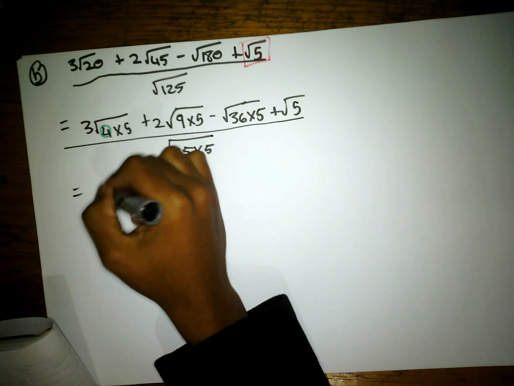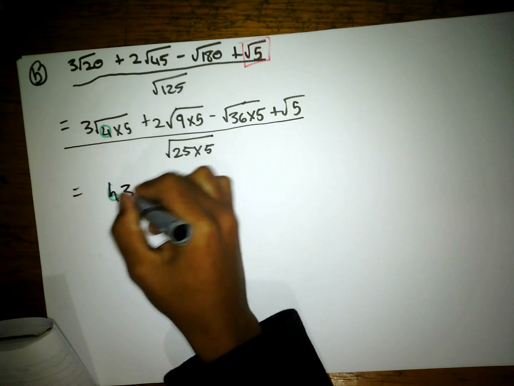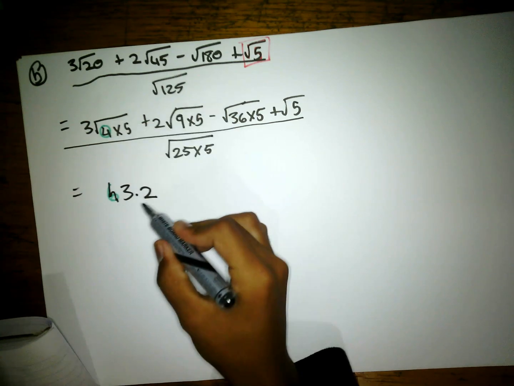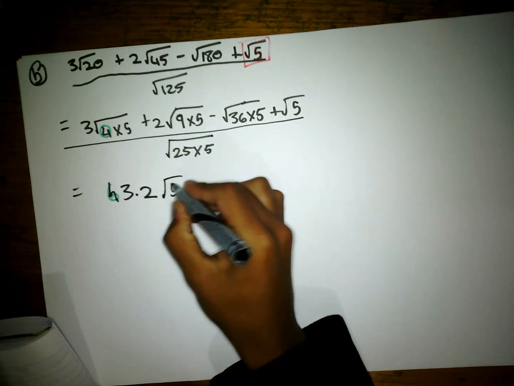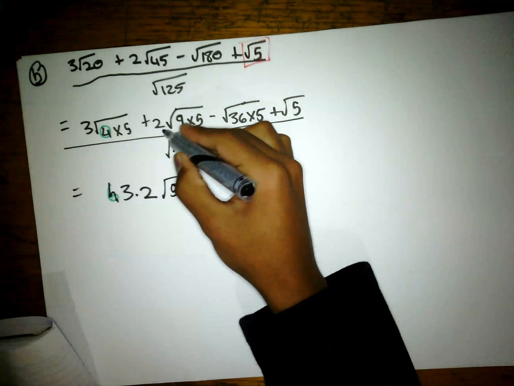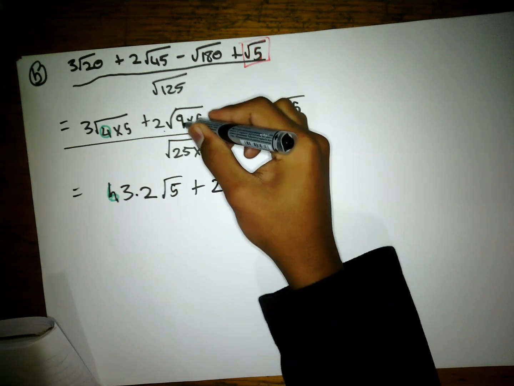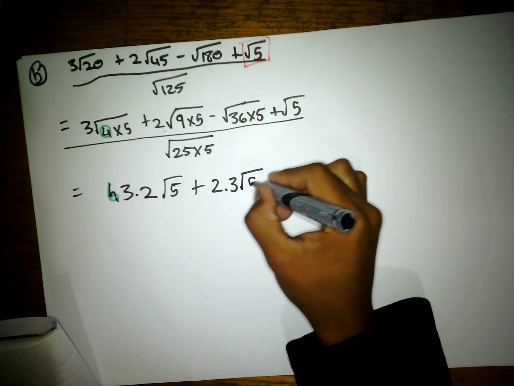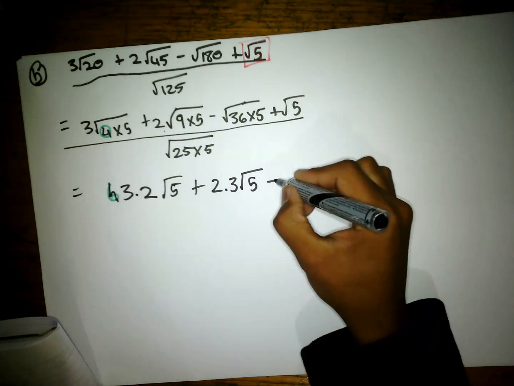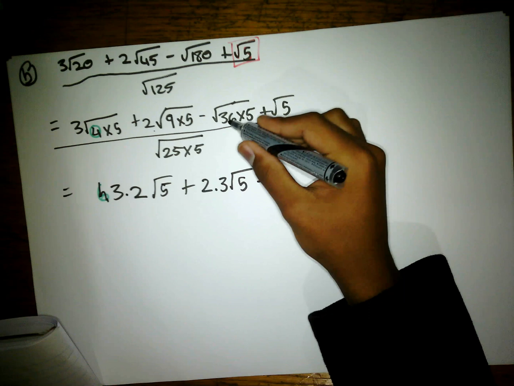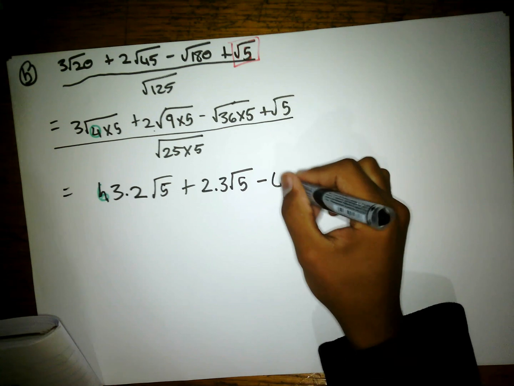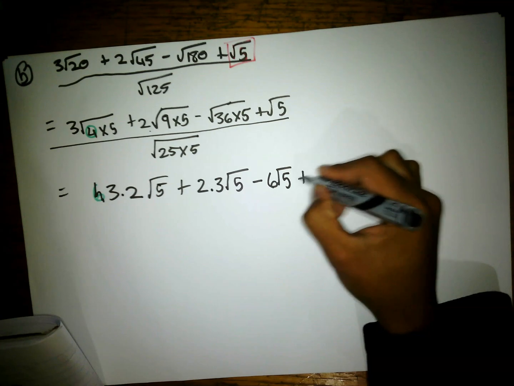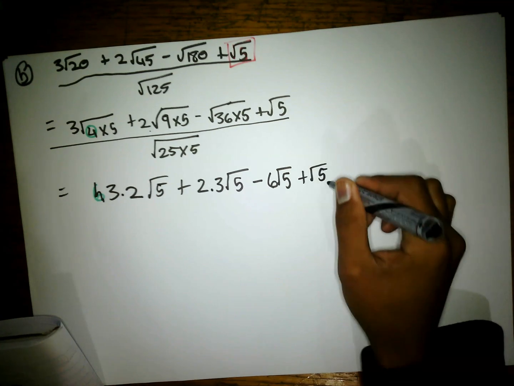So it's 3 times square root 4, which is 2, and then we're left with a 5. Plus 2 times square root 9, which is 3, and we're left with a 5. Minus square root 36, which is 6, and we're left with a 5, and then we are left with that also over there.